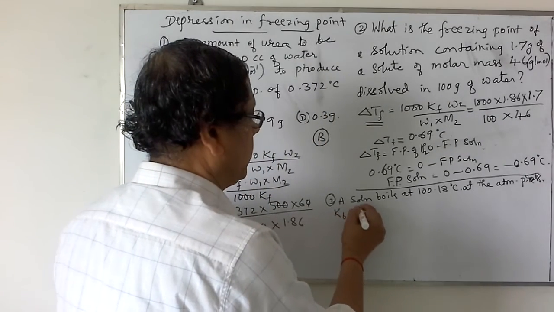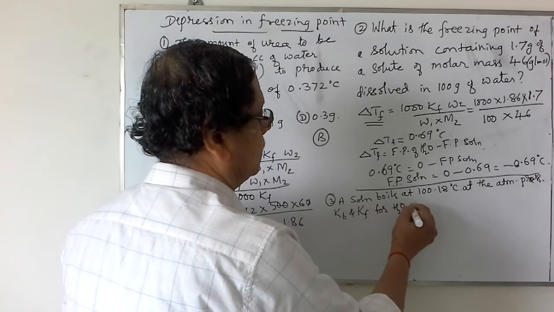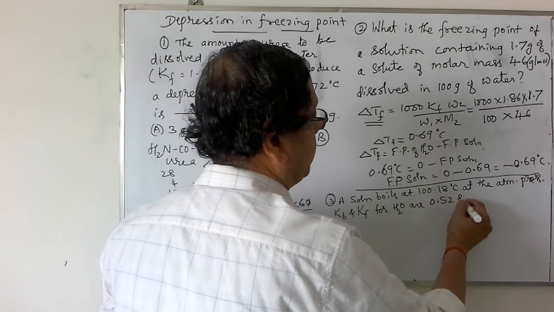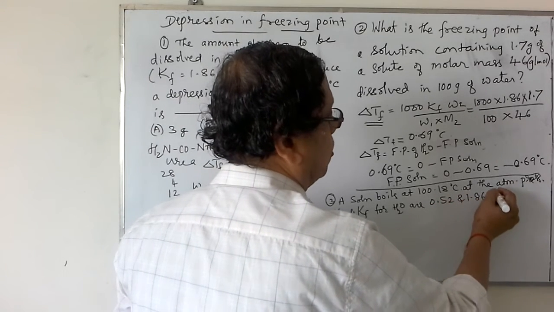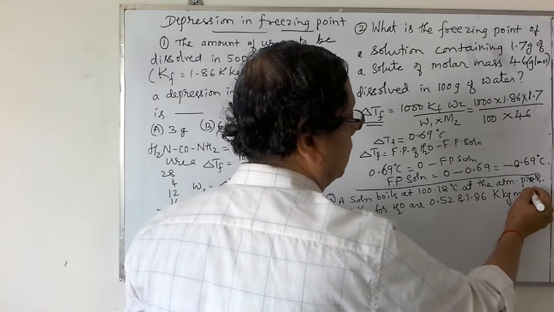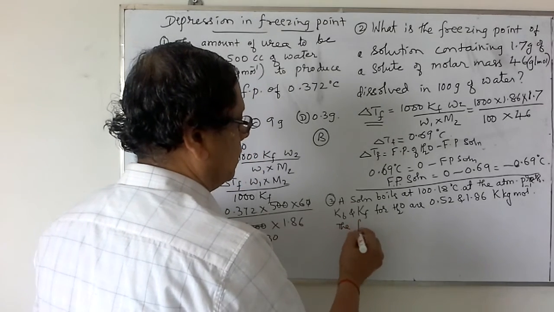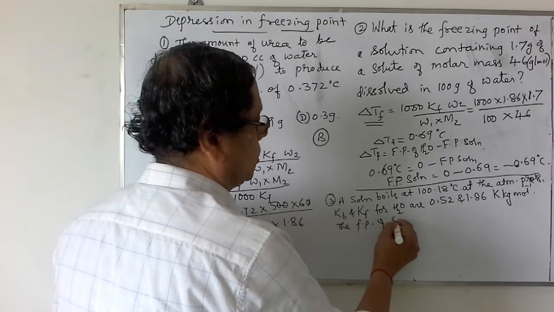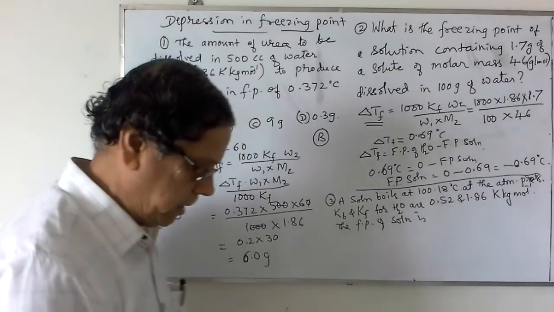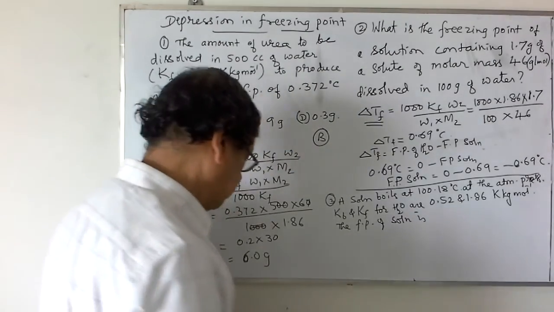Kb and Kf for water are 0.52 and 1.86. Both are expressed in the same units, Kelvin kg per mole. The freezing point of the solution is ___. So the solution will freeze at what temperature? That is actually the question.